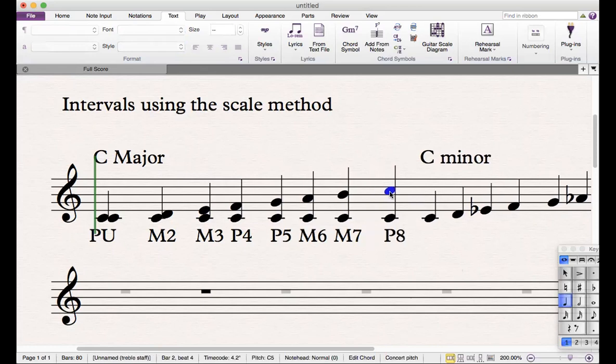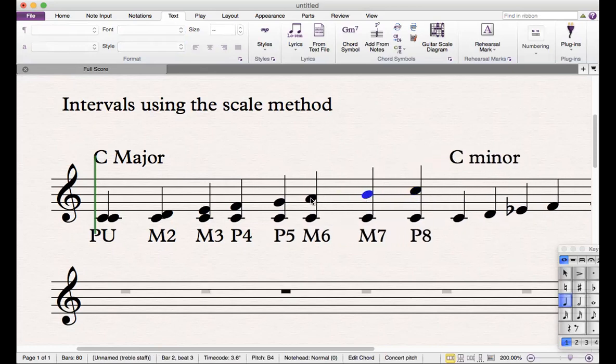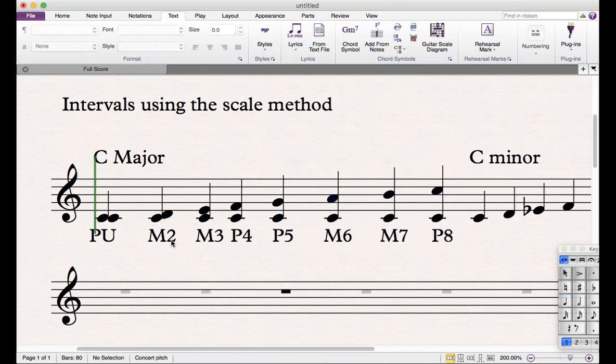If you don't know this already, this is extremely useful because look, everything is either major. All right, here we have the major second, third, sixth, and seventh. Those are our imperfect intervals. And then we have the others, perfect unison, fourth, fifth, octave. Those are our perfect intervals.